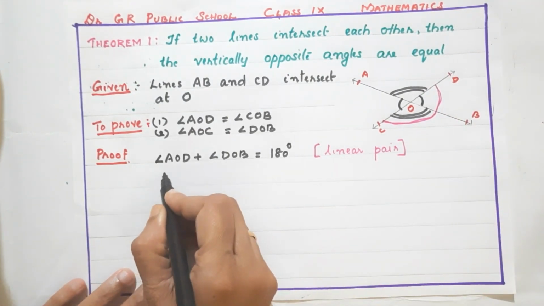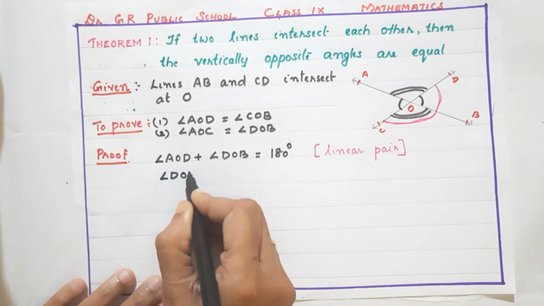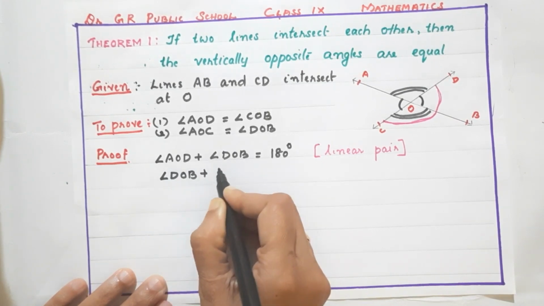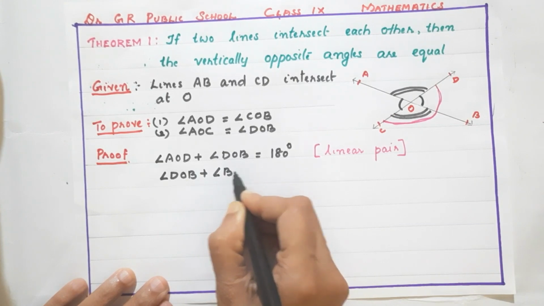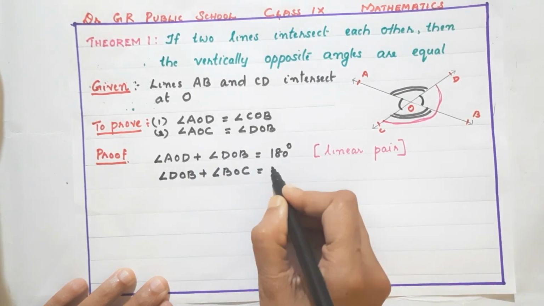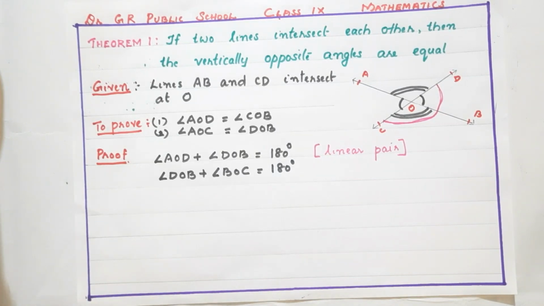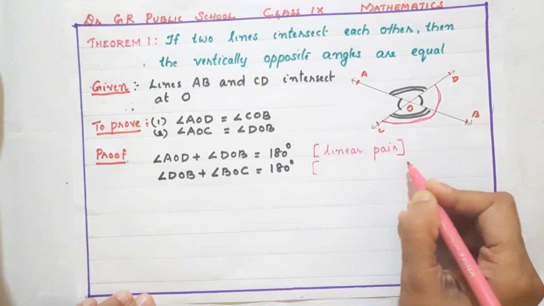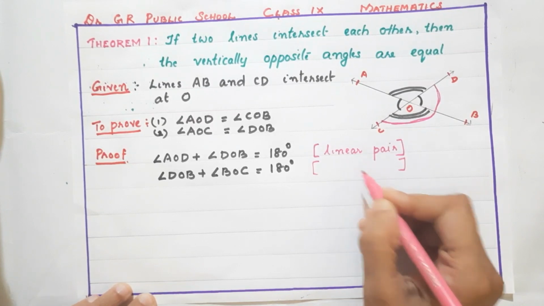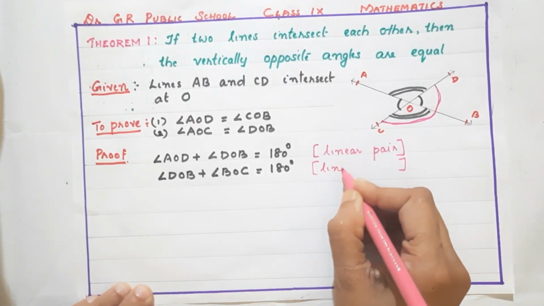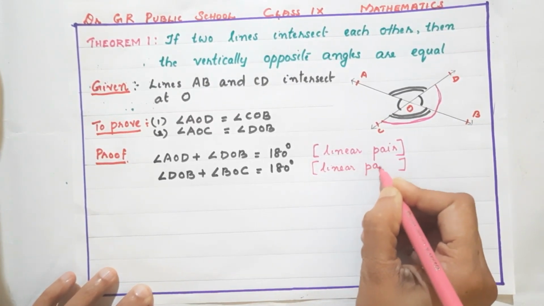Angle DOB plus angle BOC also equal to 180 degrees. Reason, same reason, linear pair. You can put ditto or you can write linear pair.